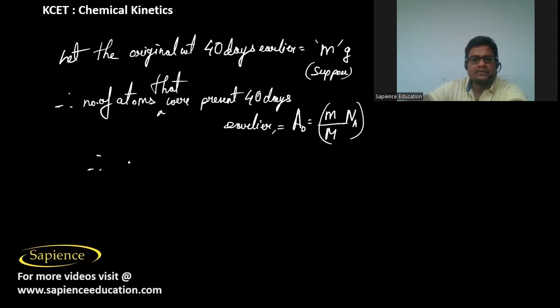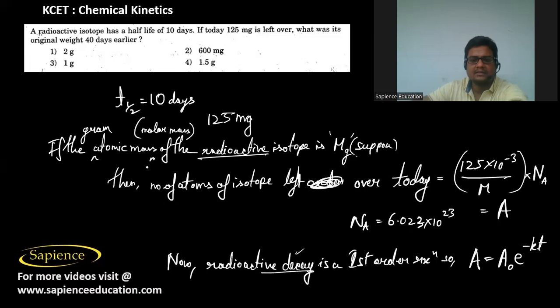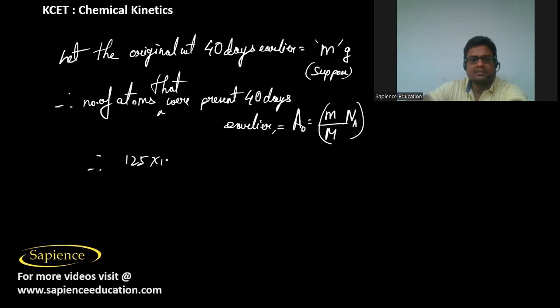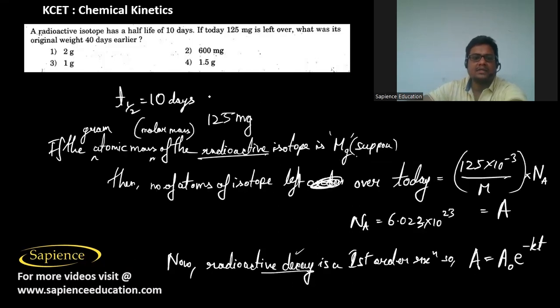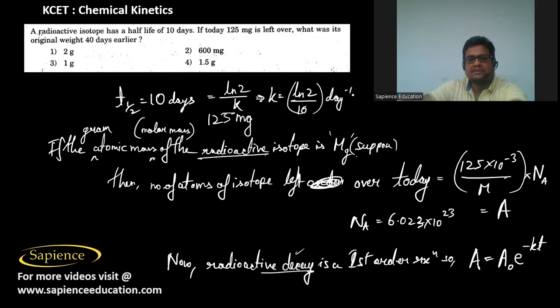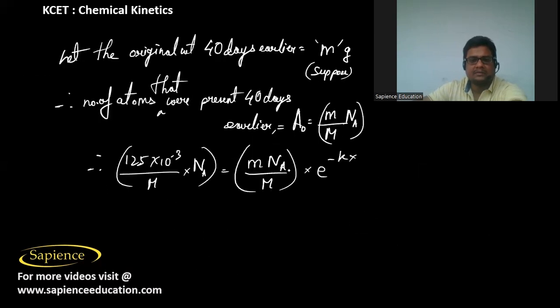So as we know, A is 125 into 10 power minus 3 by M into Na, which is equal to A naught, which is M into Na by M into e power minus k into t. Now half-life is 10 days, so half-life equals ln2 by k, where k is the radioactive decay constant. So k will be equal to ln2 by 10 day inverse, that is per day.